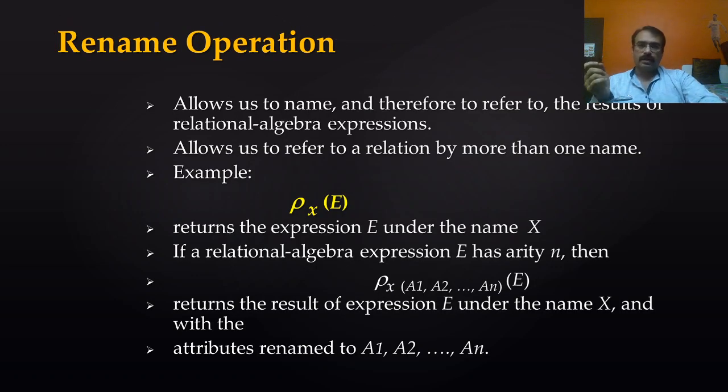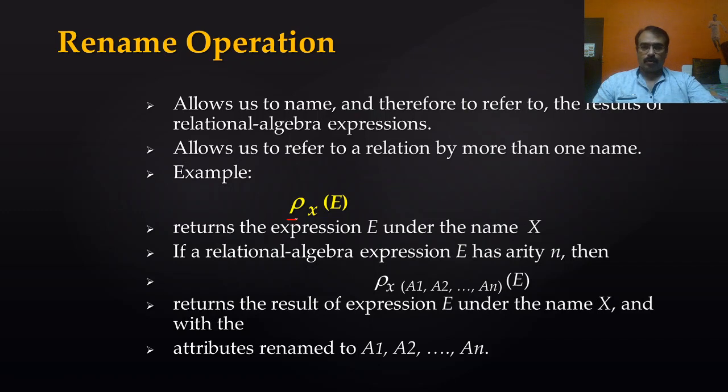And last is the rename operation, where we are trying to rename. As I said earlier, we can rename any expression. We can rename an existing table if we are using it twice in the same query, or if we want to name a particular intermediate output expression, I can make use of the rho symbol and very easily rename it.